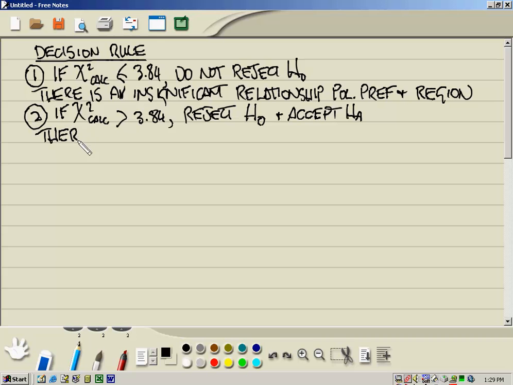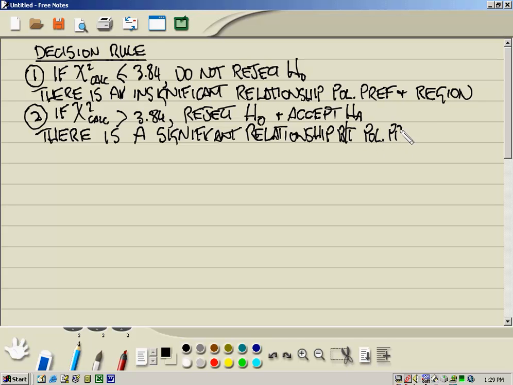There is a significant relationship between our 2 variables, political preference and region.